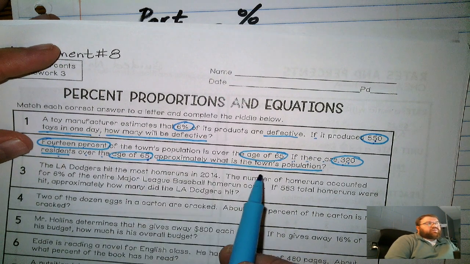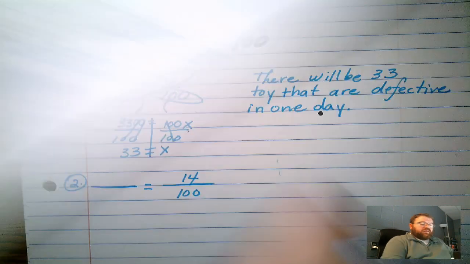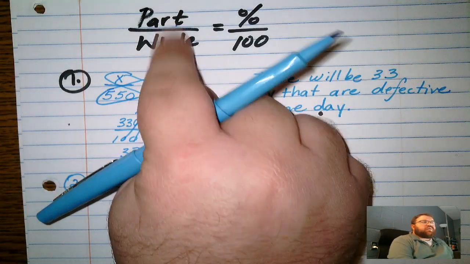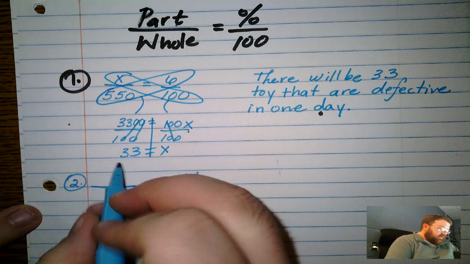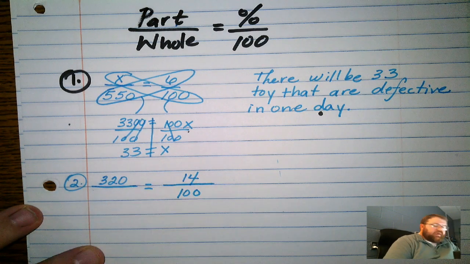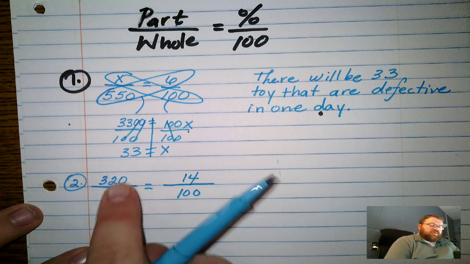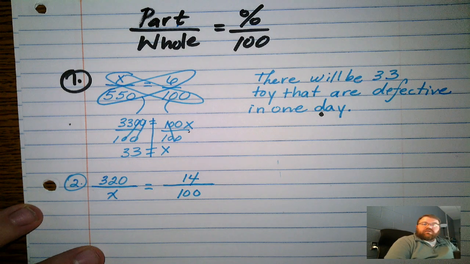So if 320 are over 65, is that 320 part or the whole population? And the answer to that is it would be the part. 320 is part of the town's population. Now remember, you will always be missing one of these, and that is where your variable x belongs.